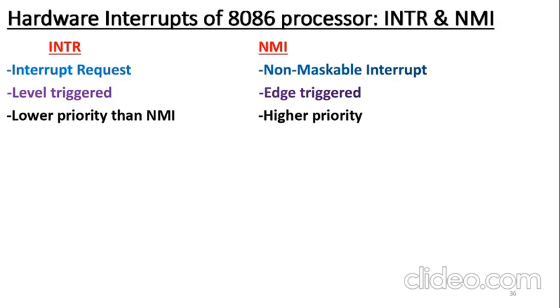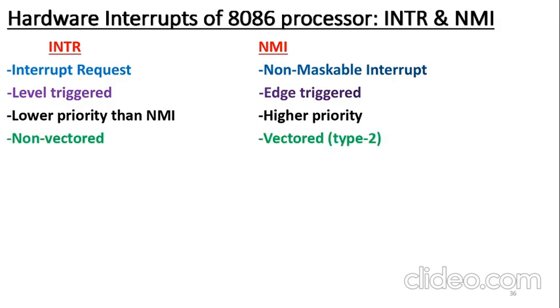Why? Because NMI is of higher priority. So only in case of simultaneous interrupt requests will priority come into picture, and the device connected to the higher priority interrupt NMI will get serviced first, and then the second device, connected to INTR, after its completion.